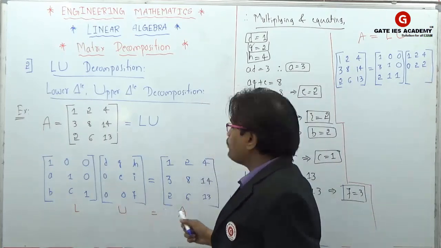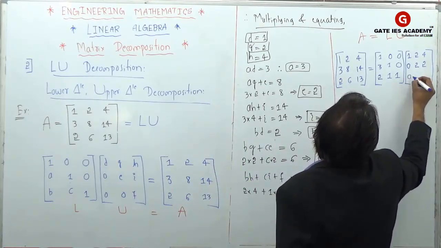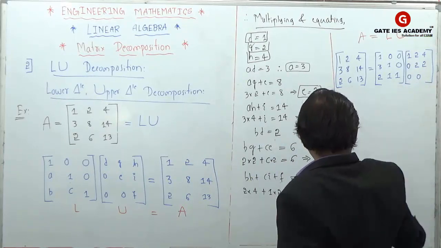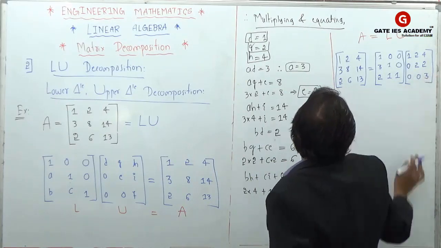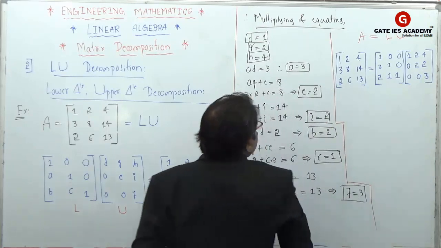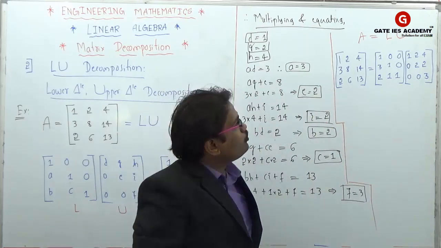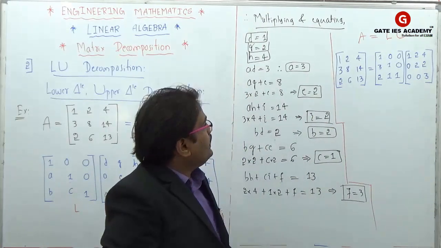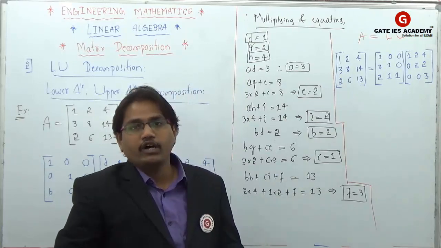Then 0, 0, F. So what is the value of F? That is 3. So this is how to write the A in LU decomposition form.